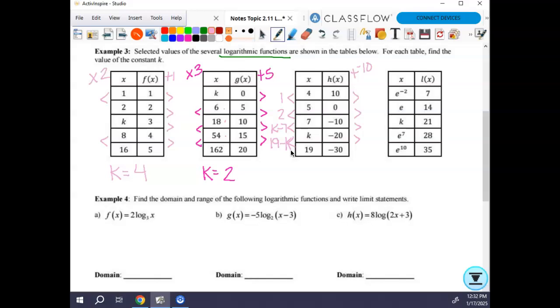So I can set up a proportion. Just like over here, I can put 8 over 16 has to equal 2 over 1, right? I can start with 2 over 1 has to equal k minus 7 over 2. Do you understand where that's coming from? And then when I multiply, 2 times 2 is 4, I get 4 equals k minus 7.